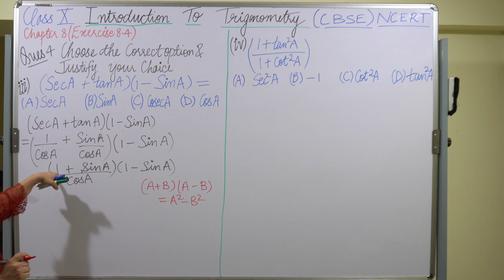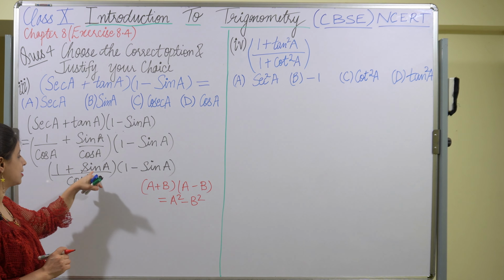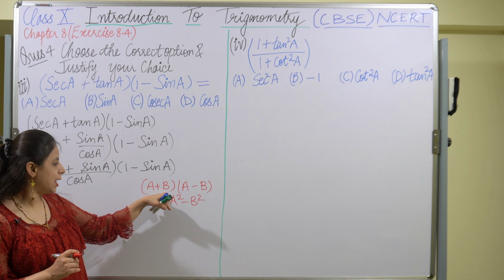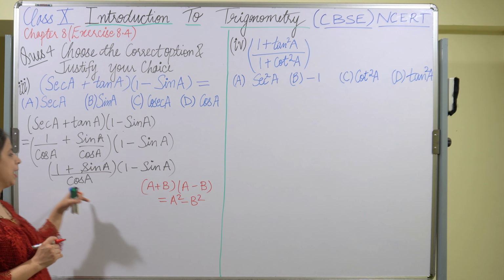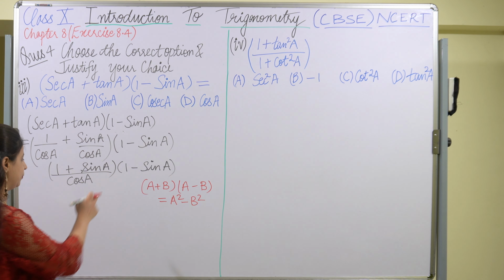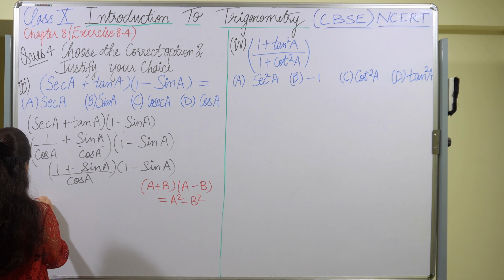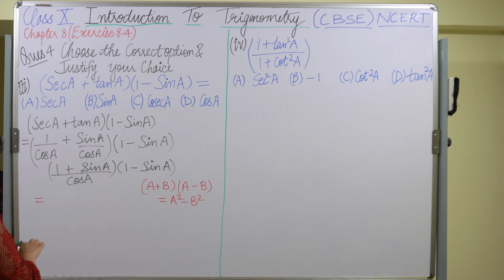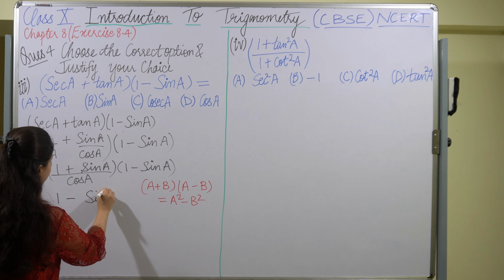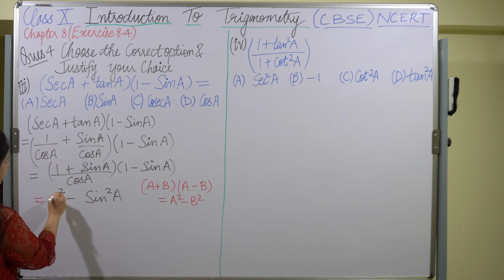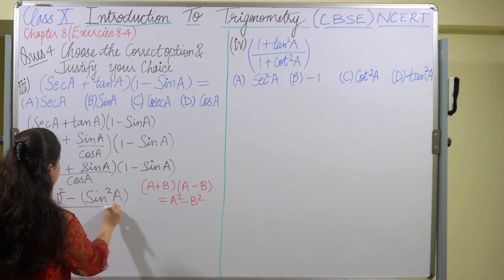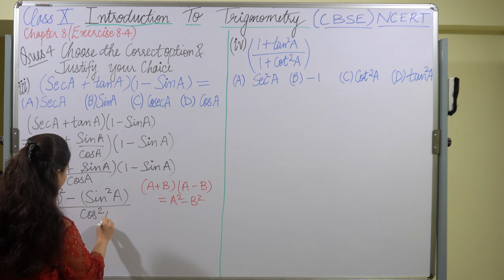Over here A is 1 and B is sin A. So when we put 1 and sin A in the place of A and B, we will get 1 minus sin square A. It will be 1 square minus sin square A, so 1 square is 1, with cos A in the denominator.